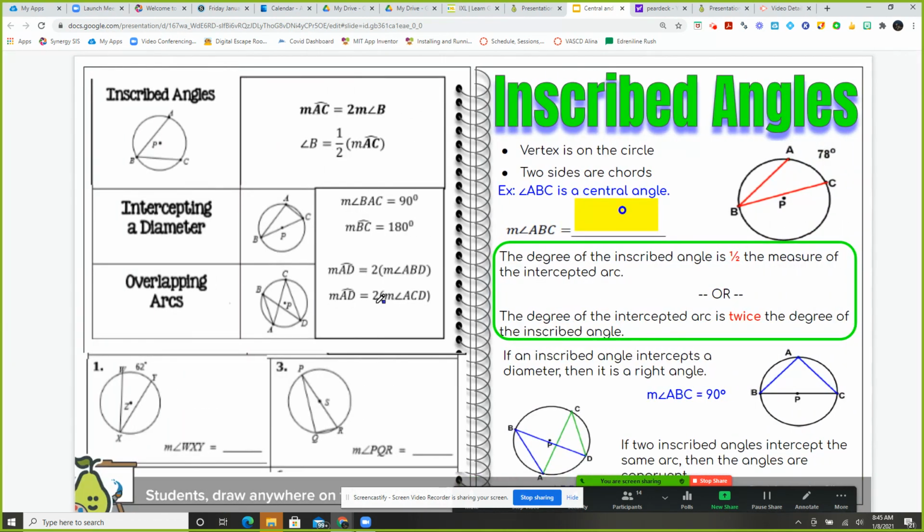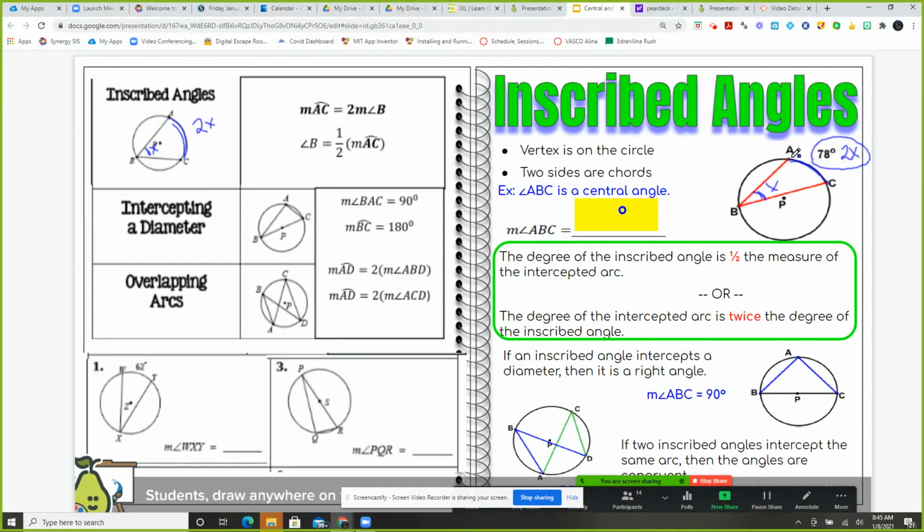At the end of the day, we need to know that the inscribed angle is x and the arc is 2x. So the inscribed angle is x and the arc is 2x. So if arc AC over here on the right side is 2x, what's angle B?